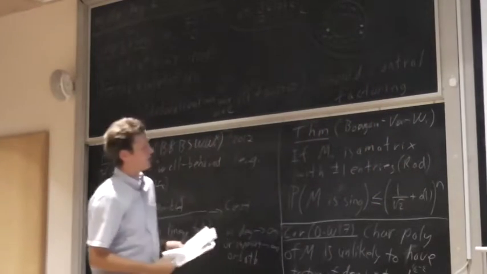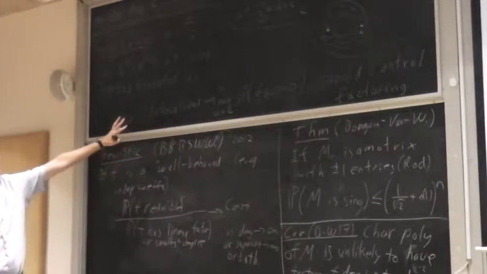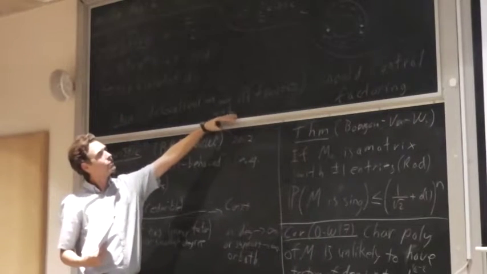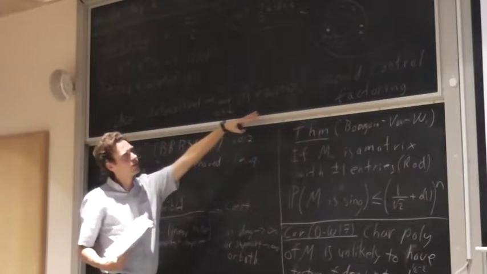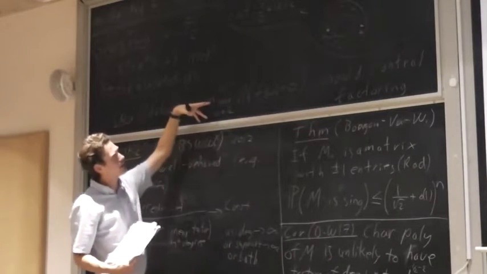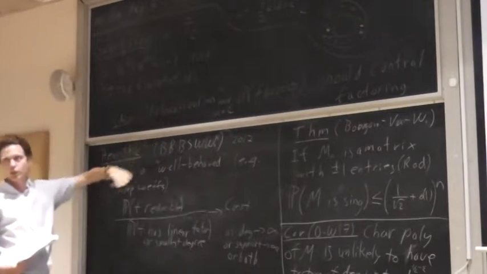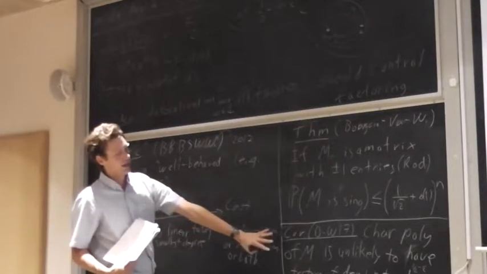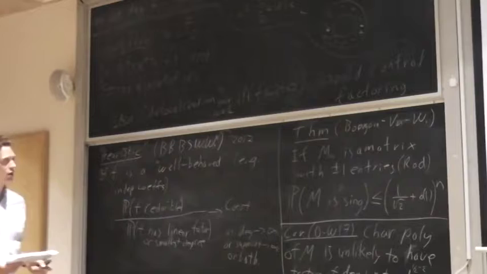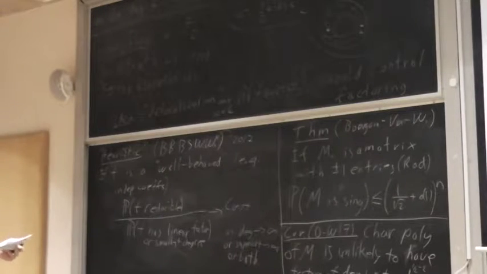And the advantage is that this kind of delocalization result is known for matrices. In fact, for eigenvalues of random matrices, stronger things than this are known about delocalization, but you can use any of those delocalization results to turn it into a no low degree factors result about the characteristic polynomials.